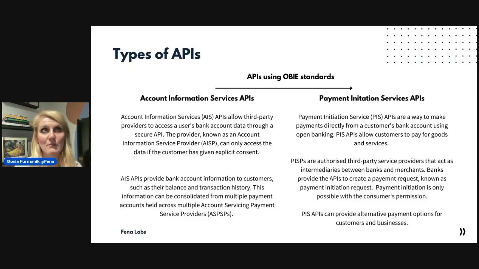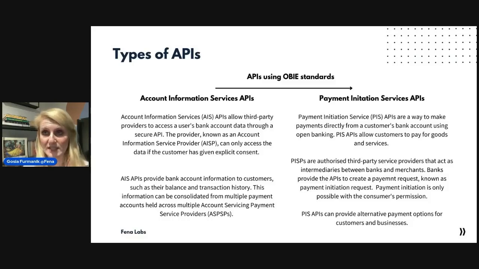That type of data might be, for example, bank account ownership data, whose name is on the bank account, if the bank account is owned by a certain business or limited partnership, whatever that is, plus payment routing data, so your sort code and account number, or IBAN when it comes to European banks.